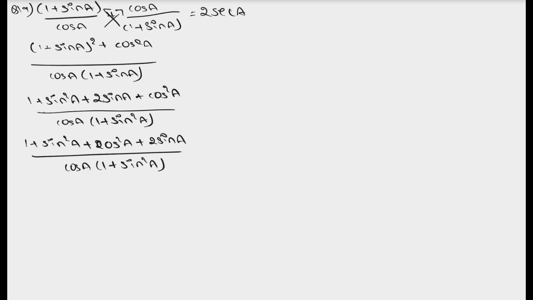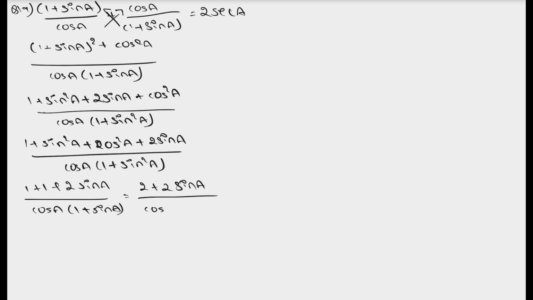Now here we can replace these two values with 1. We'll get 1 plus 1 plus 2 sin A by cos A into 1 plus sin A. Now here 1 plus 1 is 2, so 2 plus 2 sin A by cos A into 1 plus sin A. From the numerator we can take out 2 as a common factor.